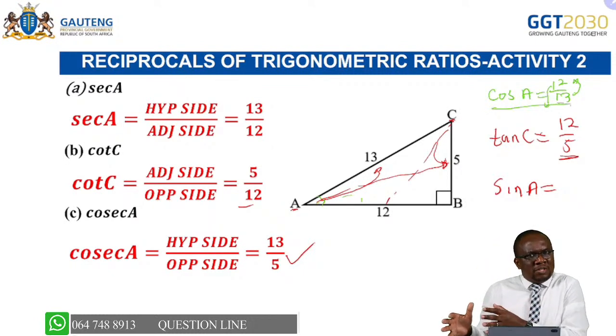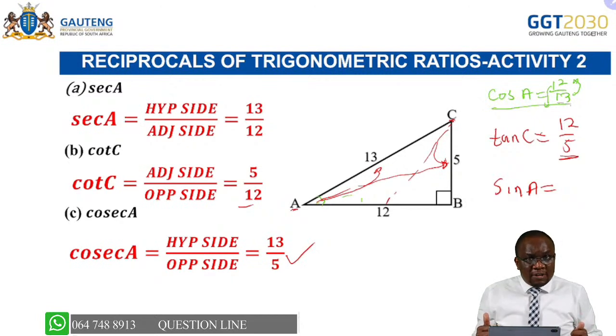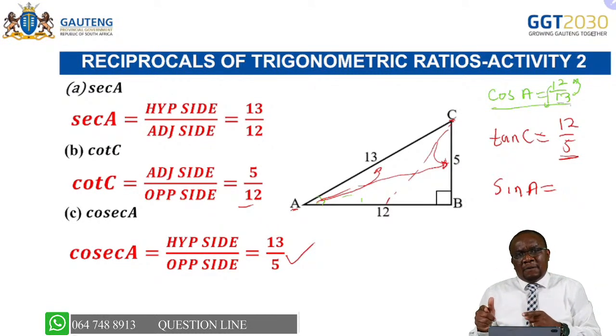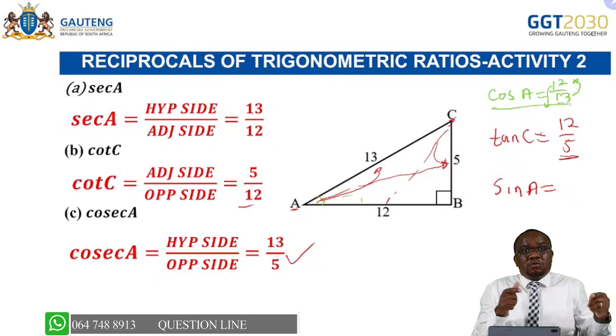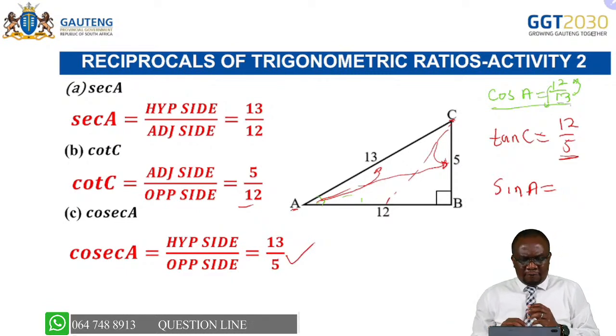You can start from what you know and then move to the reciprocal till you get used to it. Okay? Are we fine with that? You can still use your SOHCAHTOA, but you just turn it around. SOHCAHTOA, sine is opposite over hypotenuse, so the reciprocal is going to be hypotenuse over opposite. Try to come up with a better way that is going to assist you. I really hope I've covered some of your questions.